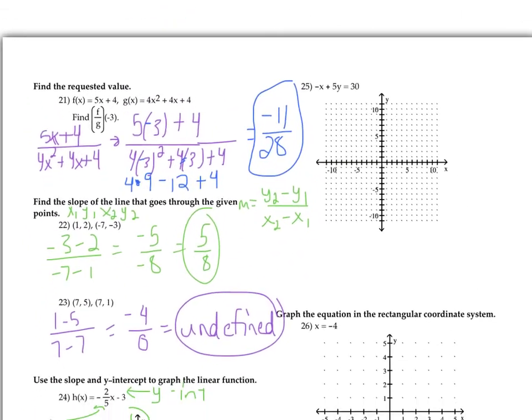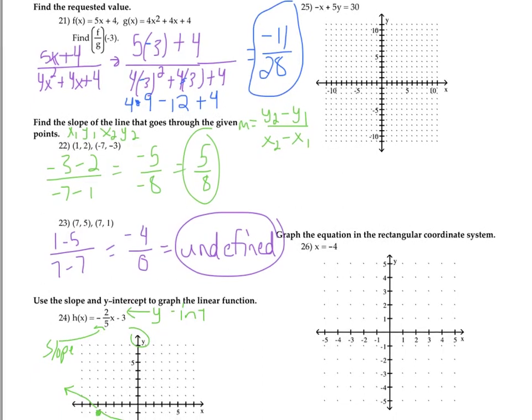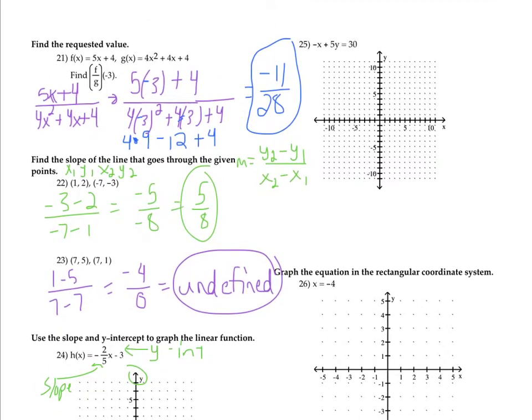Here we need to solve for y. Okay, can't really graph it. Oh, I could if I wanted to, but I won't. We're just going to solve this for y by adding x over first. So we get 5y equals x plus 30.